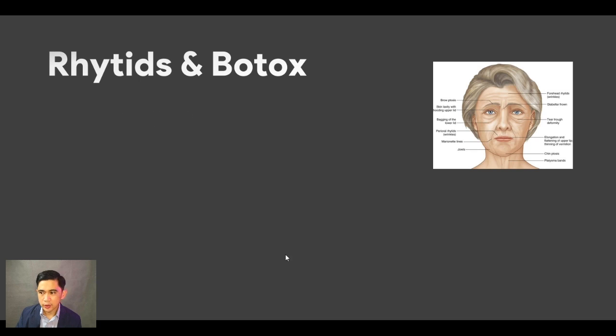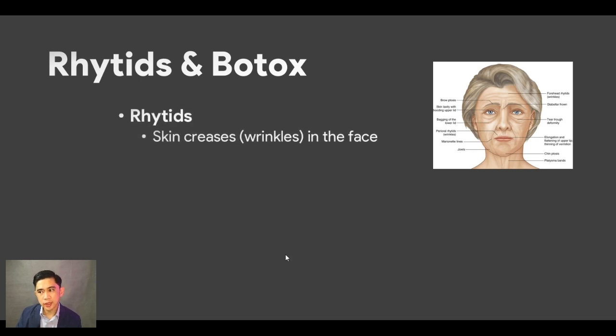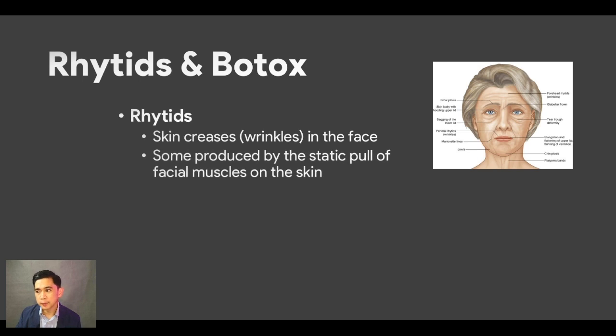Okay, so rhytids are skin creases or wrinkles in the face. These are produced by the static pull of facial muscles on the skin, and this will produce the typical wrinkles that we have, like crow's feet, figure 11, frown lines, etc., as you will see later.